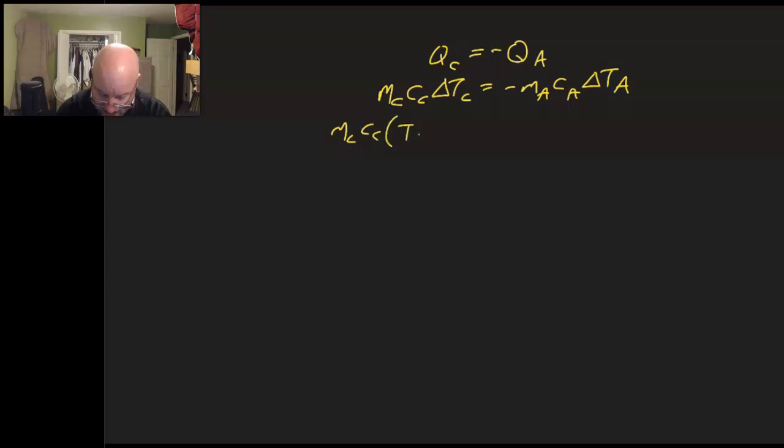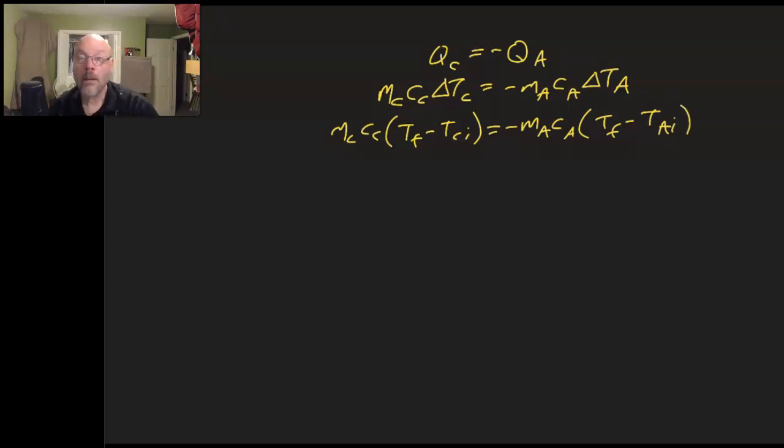So we're looking at MC CC (T final minus TC initial), and that's going to be minus MA CA (T final minus TA initial). Okay, just like this.